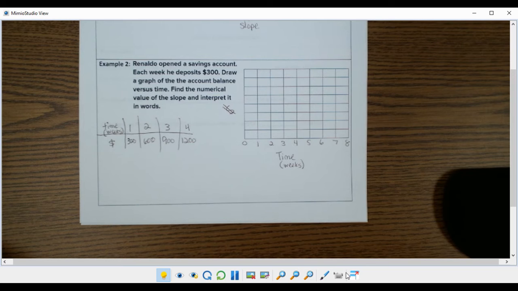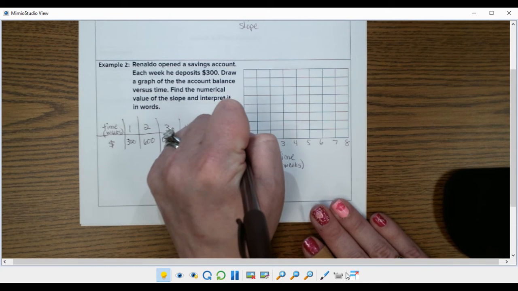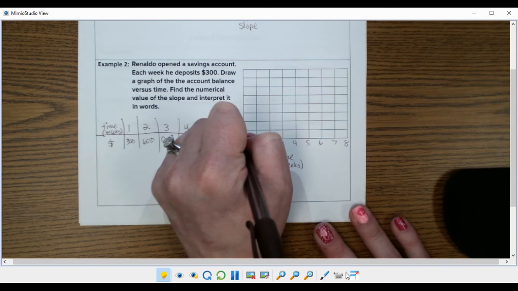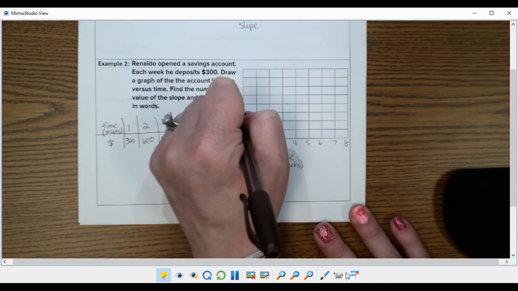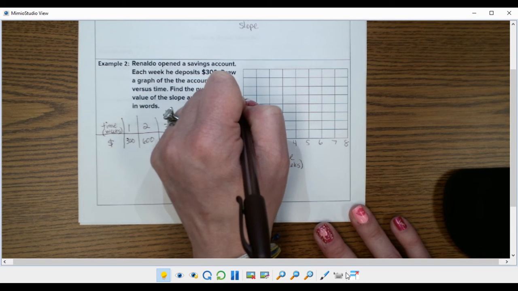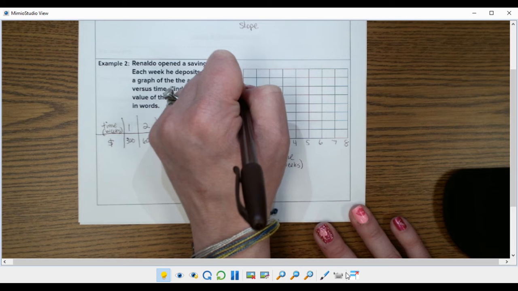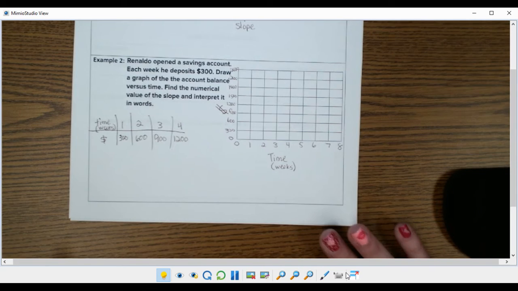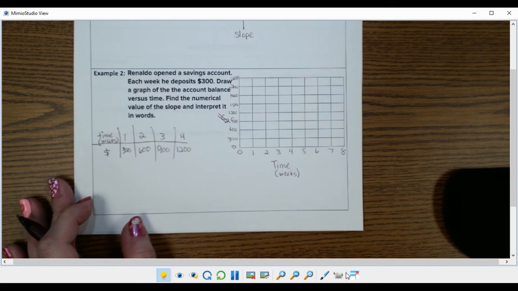If you want to count by 300, do that. If you want to count by 500, do that. I think I'm going to count by 300. So the first line is going to be 0, the very bottom line. And then we'll go up 300, 600, 900, and we go on and on, 21, and then 24. Okay? I probably have more on here than I need, but that's okay.